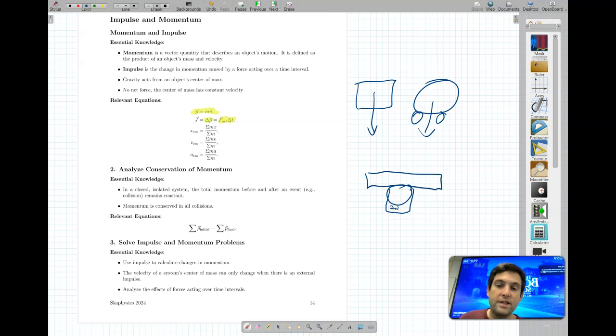If there is no net force acting on a system, then the center of mass has a constant velocity, including in collisions. So we have three center of mass equations. We have the position for center of mass, velocity for center of mass, and acceleration for center of mass, and they're all looking like the same thing. It's sigma mx over sigma m. So we're going to add up mass times position plus mass times position divided by total mass.